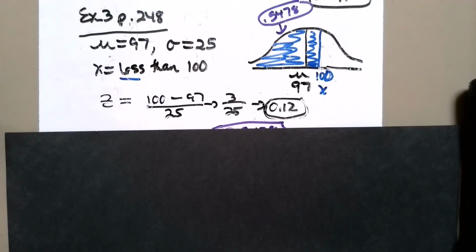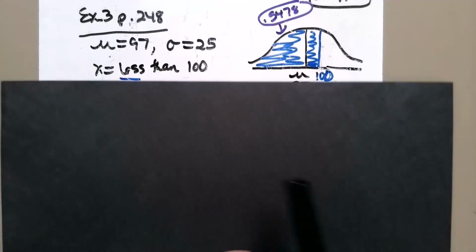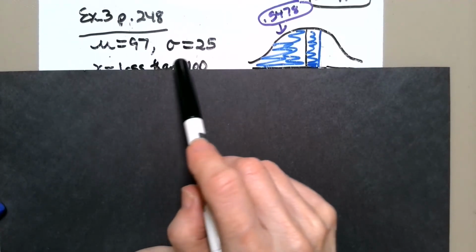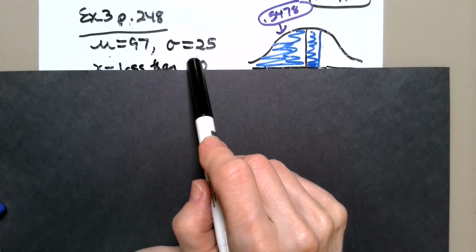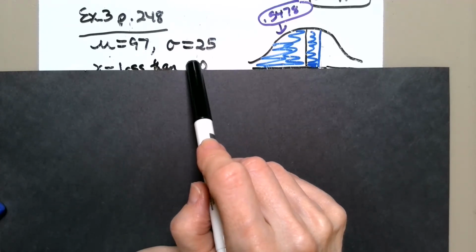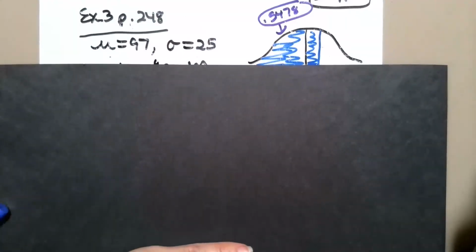The mean triglyceride level for U.S. adults age 20 and older is 97 milligrams per deciliter. So that's our population mean, with a standard deviation of 25 milligrams per deciliter. So that's sigma, our population standard deviation. Assume that triglyceride levels for adults at least 20 are normally distributed. So we can apply all of our normal distribution formulas and charts and drawings.